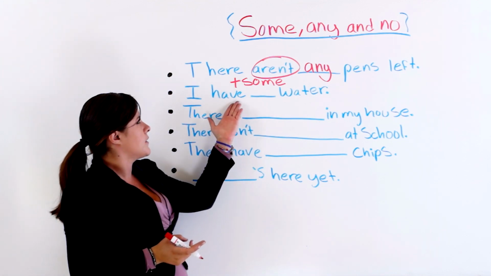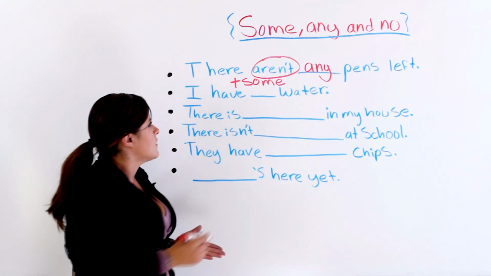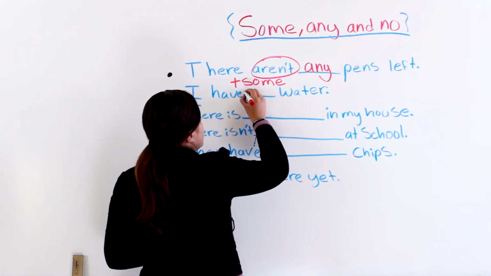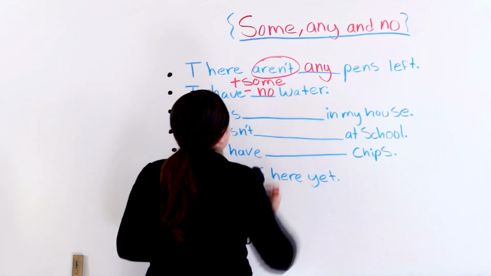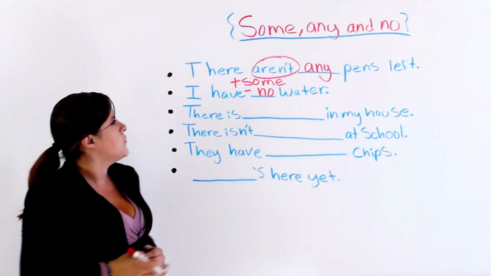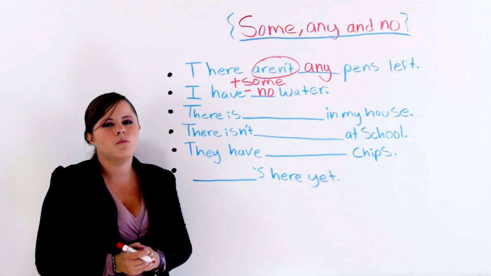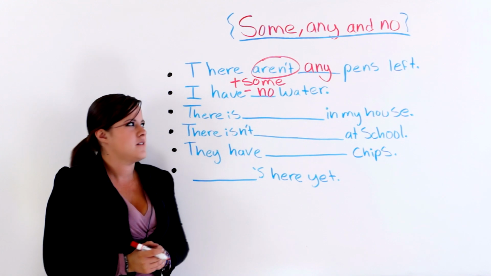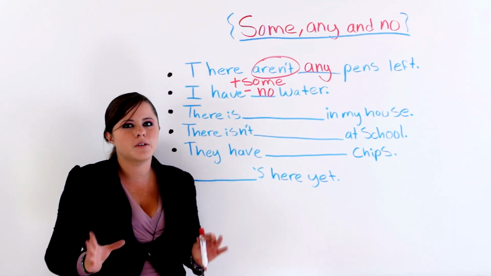I don't have a negative auxiliary, so I know I'm not going to use any because it needs one, right? So to make a negative, I'm going to use no, okay? I have no water. Or if I do, I have some water, okay? Great. Remember, any, negative auxiliary. No is already negative. You don't need it.